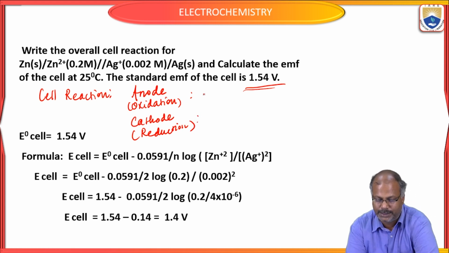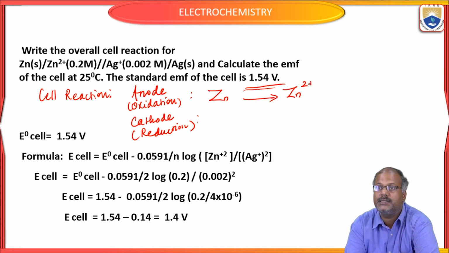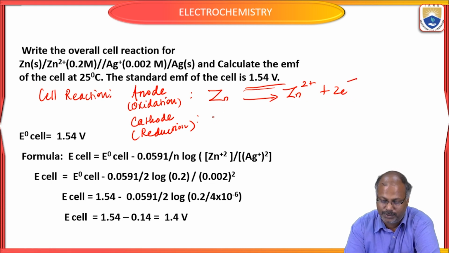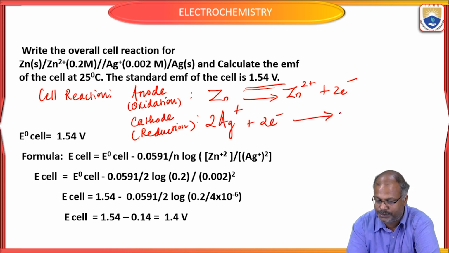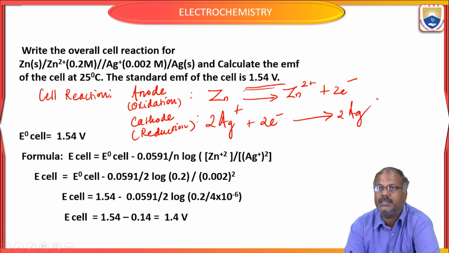So here zinc gives zinc 2 plus 2 electrons. This is anodic oxidation. Cathodic reduction, again 2 Ag plus 2 electrons gives 2 Ag. This is cathodic reduction.